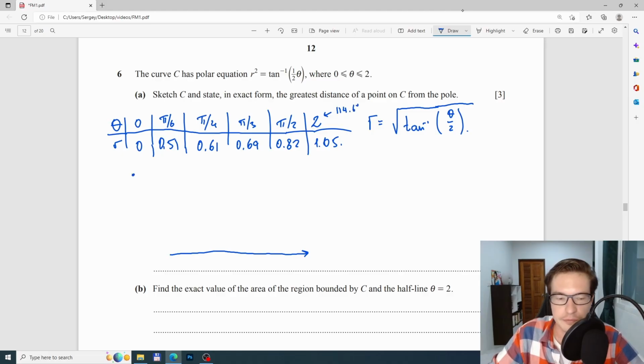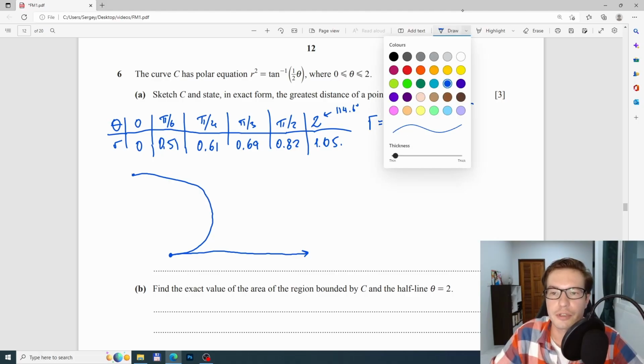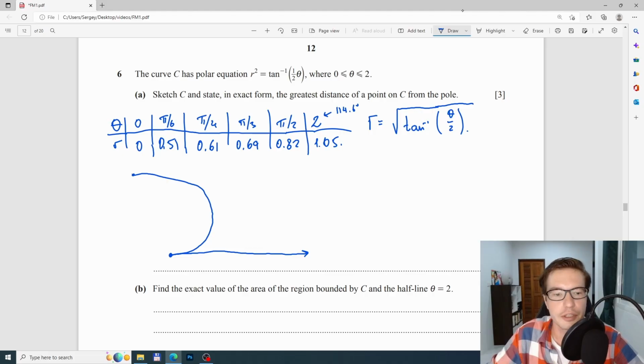All right, and let's increase the angle and increase the distance from the pole. So we'll get something similar to this. Okay, now we'll have to find in exact form the greatest distance of a point from the pole, and that, according to our sketch, is going to happen when the angle is 2 radians.